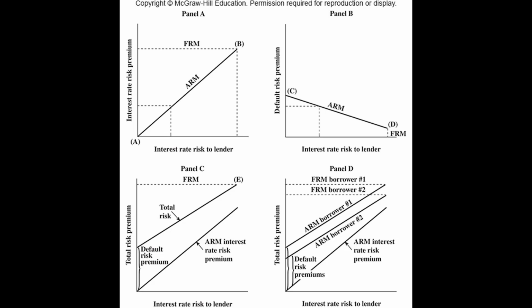So all we're saying is that, again, there's this trade-off between interest rate risk and default risk. If I'm the lender, ideally I want to put all of the risk on the borrower, and that makes life easier for me. But the more interest rate risk I push off to the borrower, the more likely they are to default. So that's not going to necessarily be the best choice.